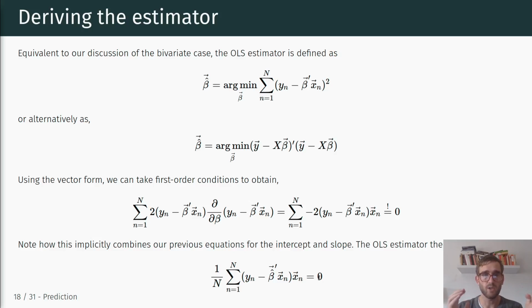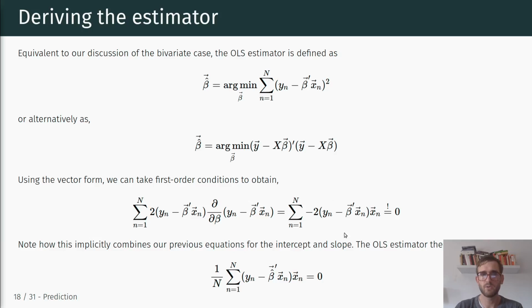Solving this now for beta hat will provide us with the formula for the OLS estimator, because those will be the values for beta hat that minimize the sum of squared residuals as we set them up or defined them up here, okay?